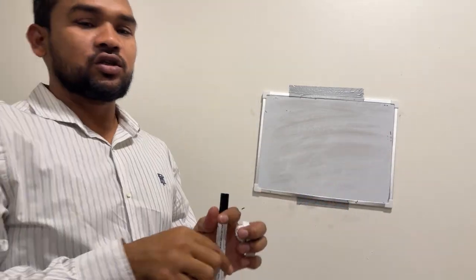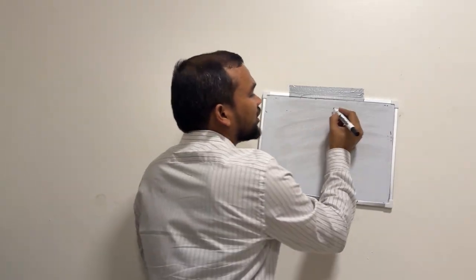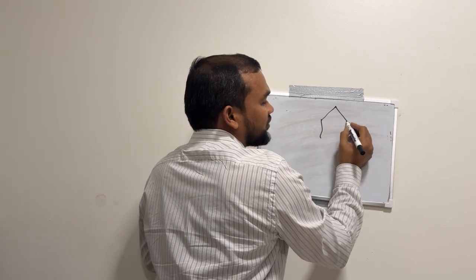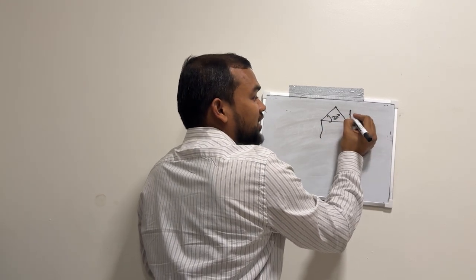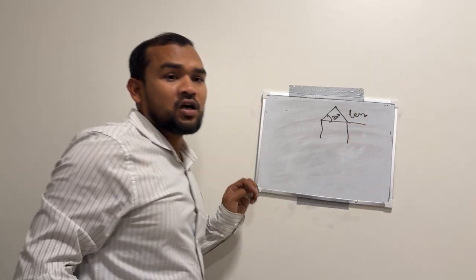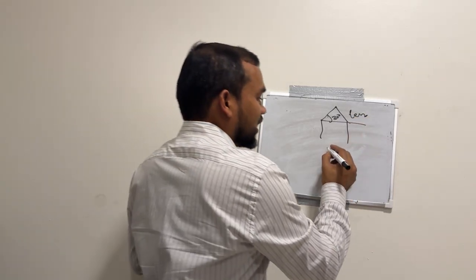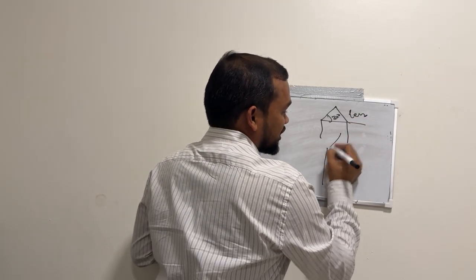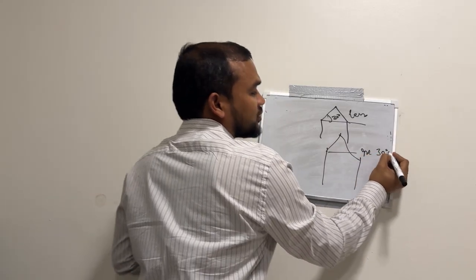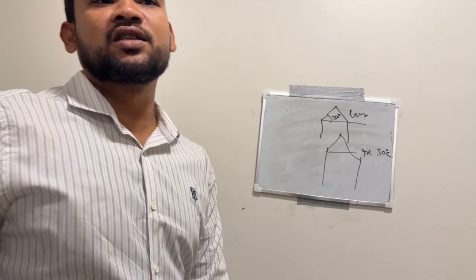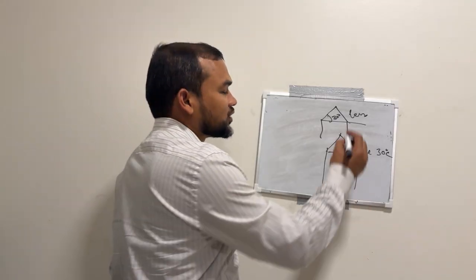Our fourth topic is, like in ceiling shape, we have this type of ceiling. If the slope is less than 30 degrees, what will we do, and in other cases the ceiling slope is greater than 30 degrees. What will we do in this case?